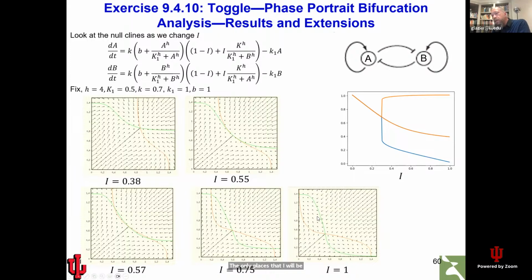If I start between my null lines, I will be moving down. If I move between the green and the red null lines, I'll be moving down and to the right. And my unstable fixed point should become stable, but it's a very limited range of values for which that's the case.